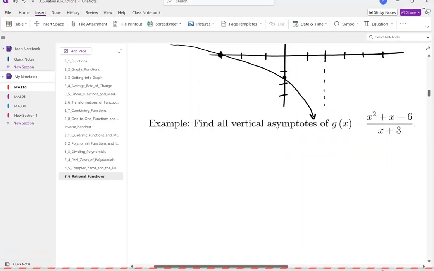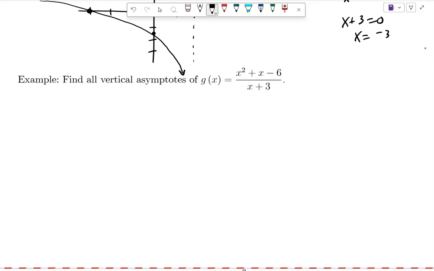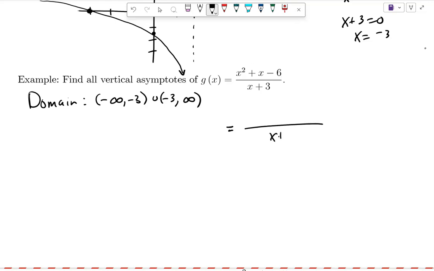All right. So notice that we said that for the domain, we certainly cannot plug in negative 3. Can we factor the numerator? Does the numerator factor? Yeah, x plus 3 and x minus 2, right? Do you notice anything that can happen when we factor?